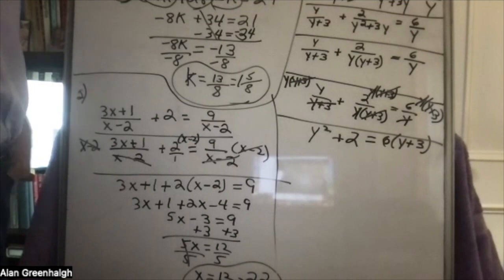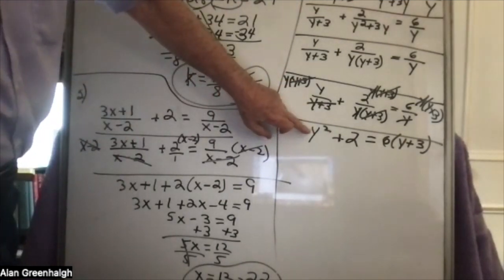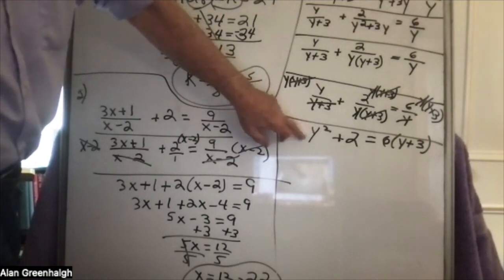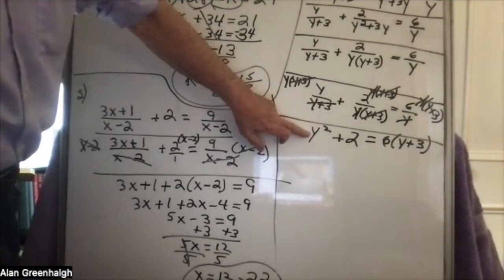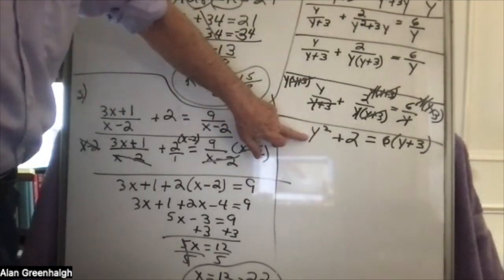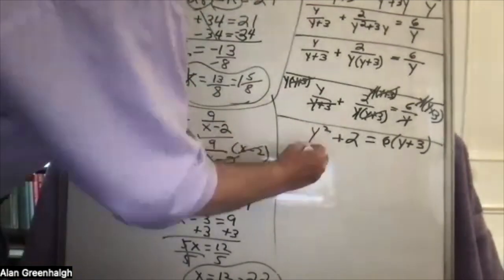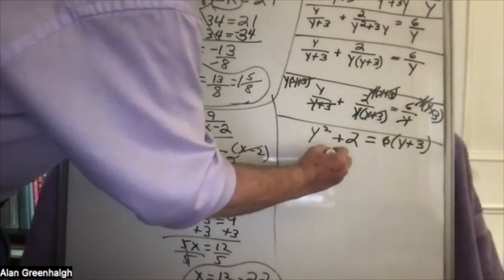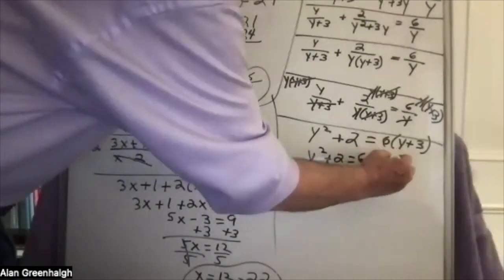And now you could see the issue here is right over here, because now we're going to have to come to grips with the fact that we're going to have, as a result of all this, a quadratic equation. So this becomes the real issue. But let's continue. Y squared plus 2 equals 6y plus 18.